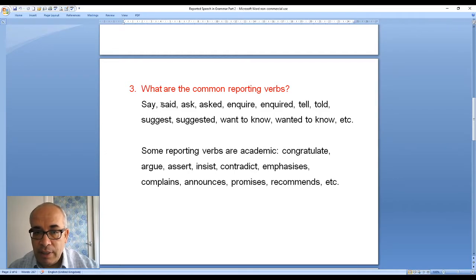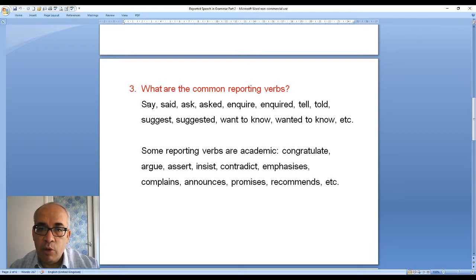Why do I put say, which is present, and said, which is past? Because sometimes we hear something and we report it at the same time, but most of the time reporting happens after someone says something. So most of the time reporting happens after, and we use verbs in the past.